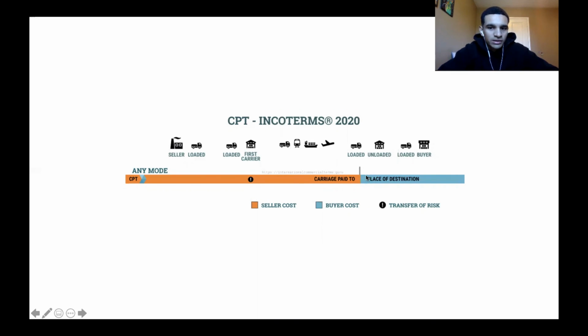And then once they reach the place of destination, now the buyer has to arrange how they are going to get those items to them. So once it reaches that country, now they're fully responsible for it, and they have to load those items from the dock or wherever they landed and ship them to themselves, essentially.